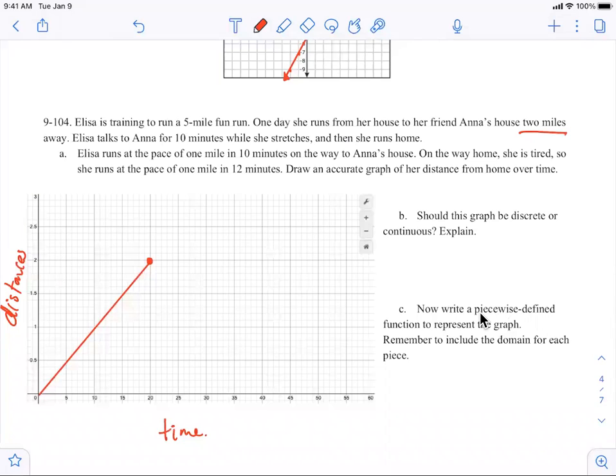So I put this as distance, but I should have put this as distance from home. So after 20 minutes, she's 2 miles away.